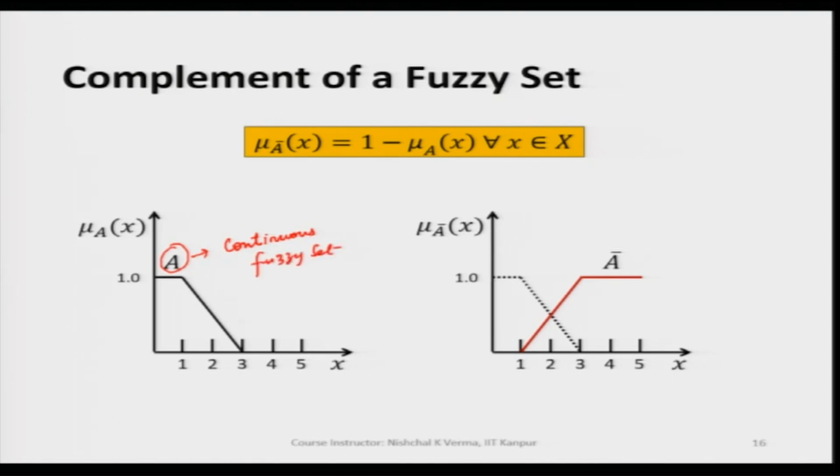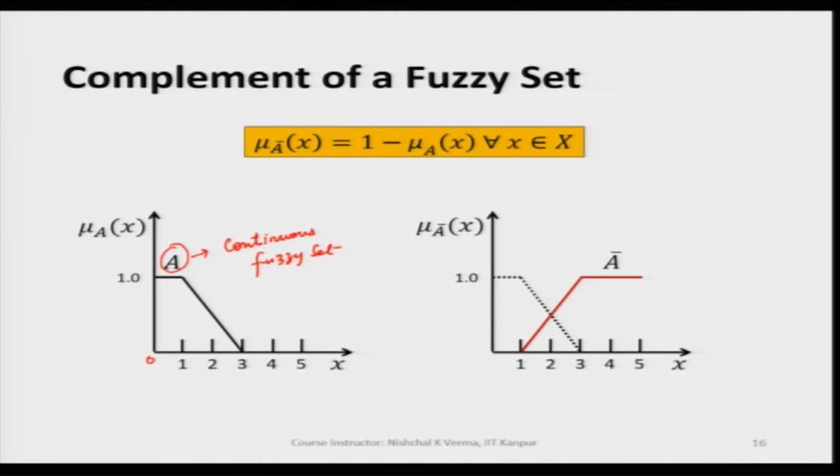Right from 0 to 3 this fuzzy set is spreading, and we have varied membership values also, like at 0 we have membership value 1, and at 3 we have membership value 0.